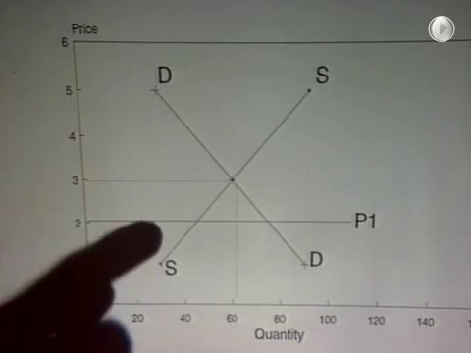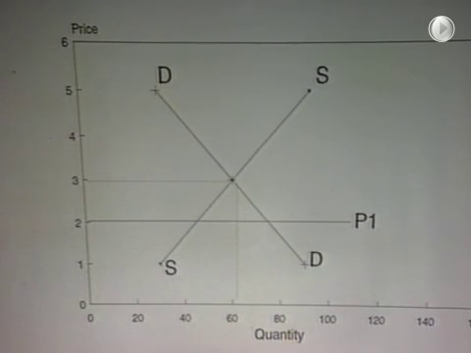What we effectively have as a result is excess demand over supply. Consumers demand more of the product in question than suppliers are willing to produce. And this effectively gives us a shortage of the good.